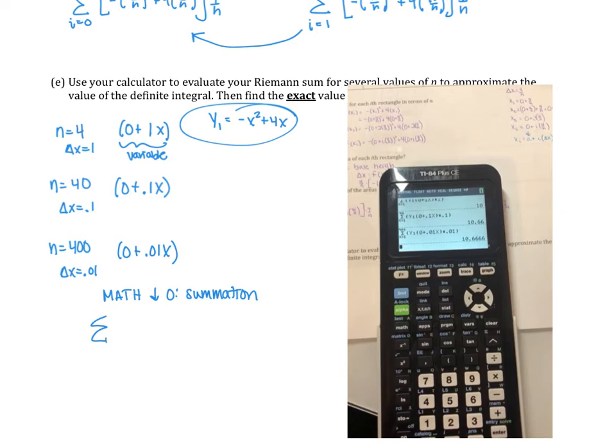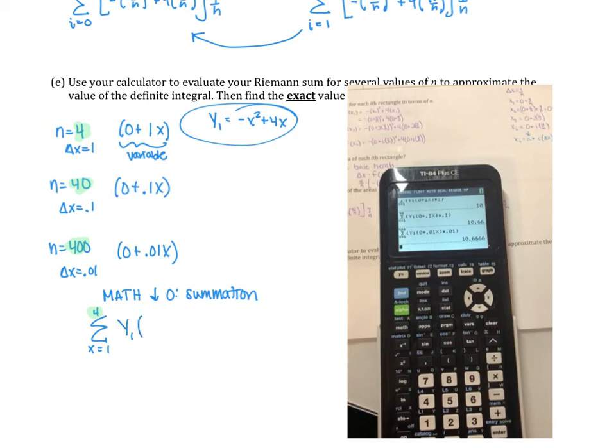Now in this case, I'm going to let it be x because that's the variable in my problem, from 1 to 4. Now this number right here is going to change based on the number of rectangles we're choosing. And then I'm going to put my equation in.